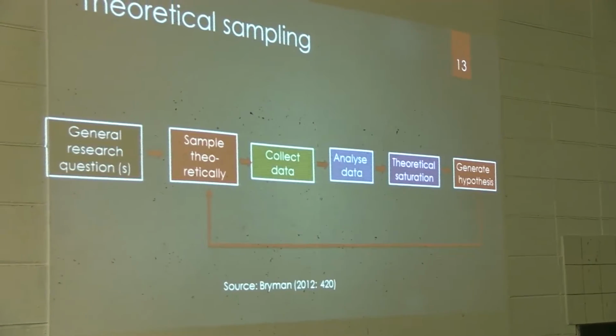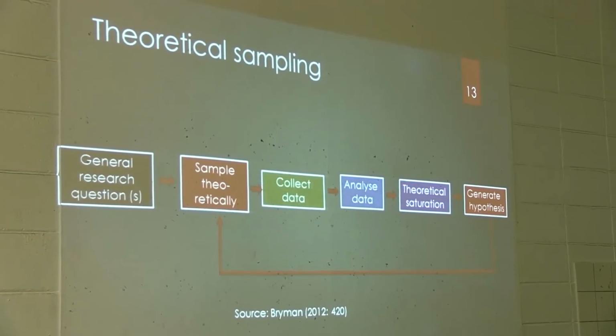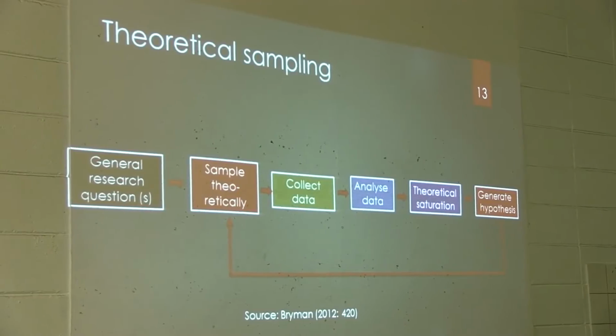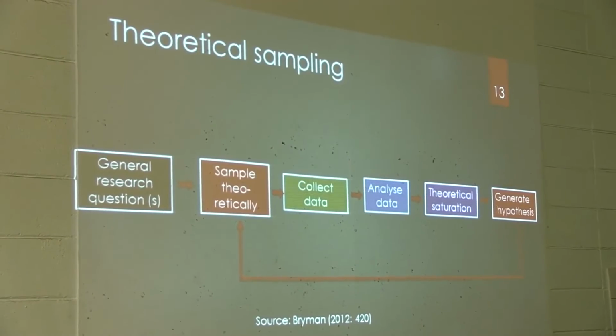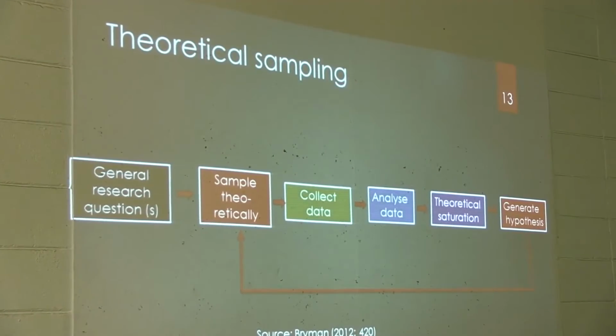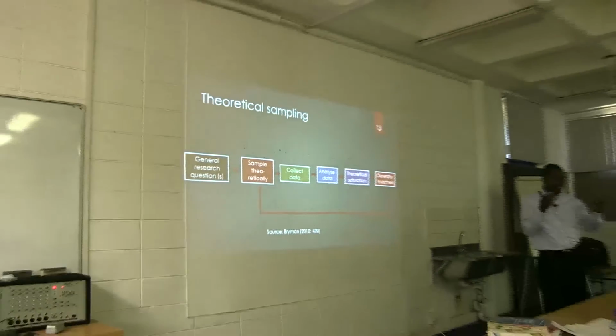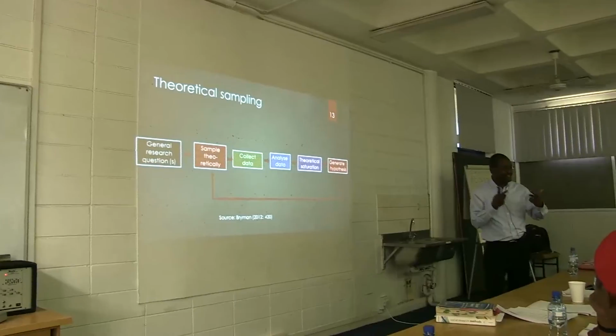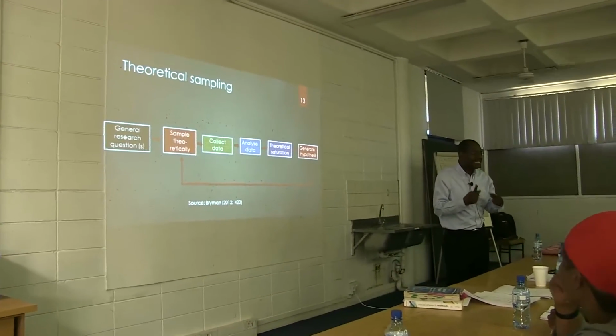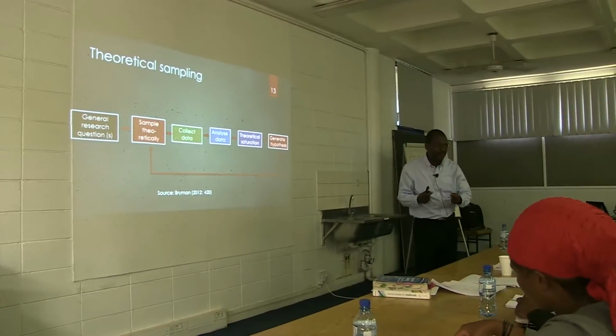When we talk theoretical sampling, we are talking about the way you go about this schematically, the way you go about this mentally. What is the mental process that you go through? And go back to the first thing that I talked about, that research is disciplined inquiry.